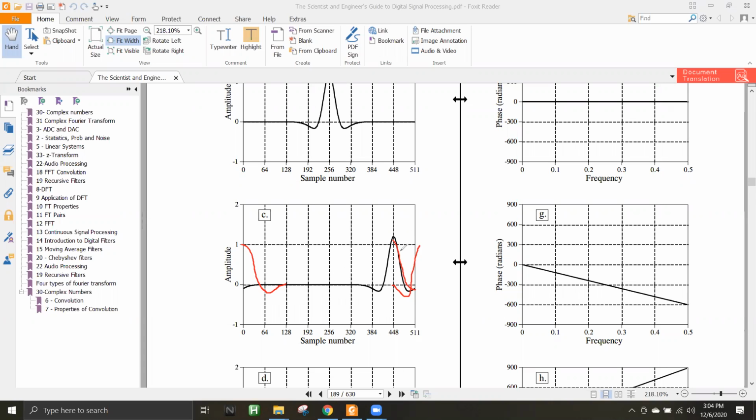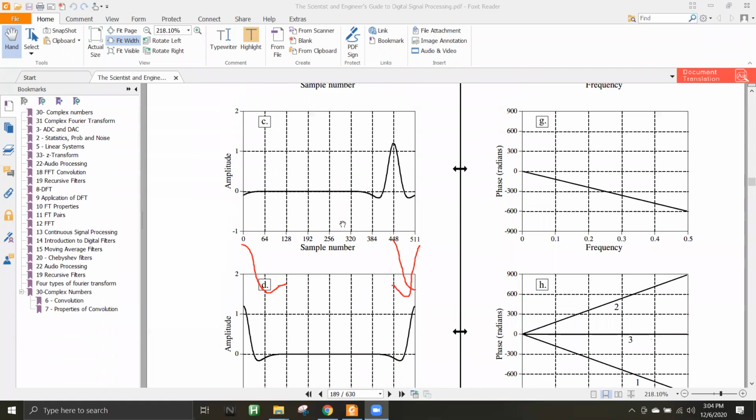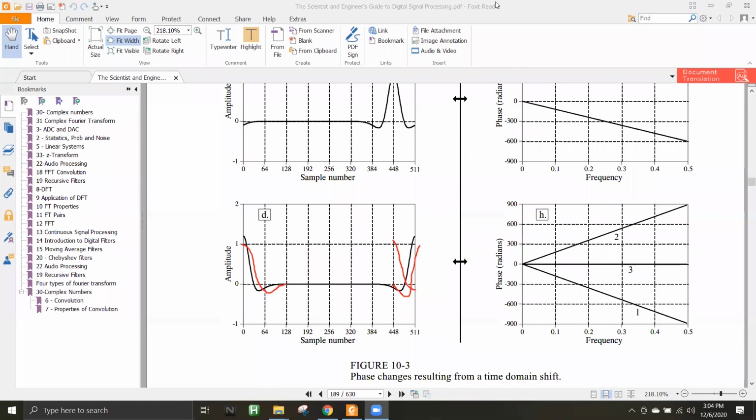Everything you have would just get repeated. So if there are no more samples to put, it would just reappear from the left. Okay, so this is how we get D from C.